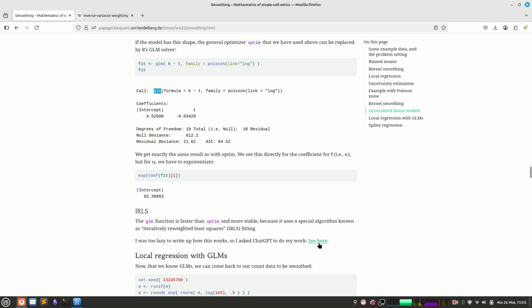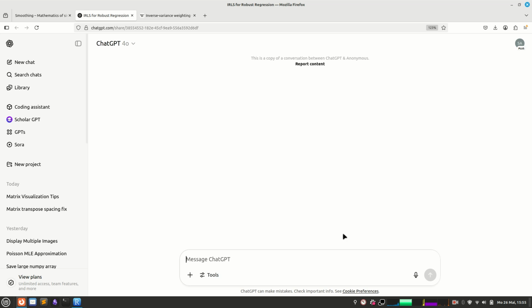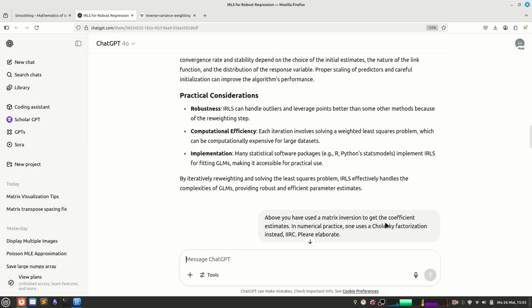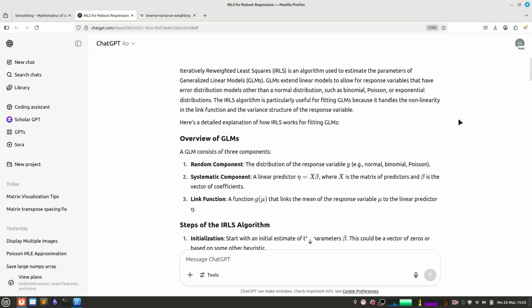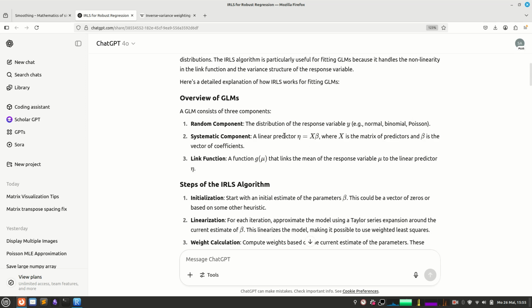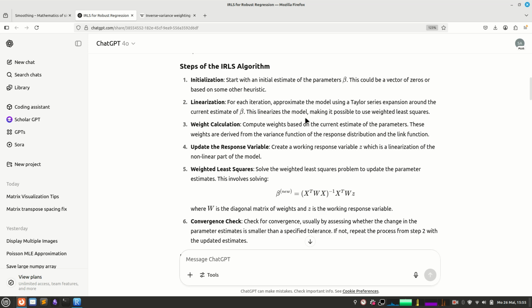So when I wrote this up, I was wondering, do I want to do this? And I thought, let's see how good ChatGPT is at making lecture notes. I can show you here what it did. I simply told it, explain IRLS fitting for GLM, and it said what I've already told you here, linear predictor and so on. And it said what it does each iteration: it makes some Taylor expansion, linearizes it, and so on.